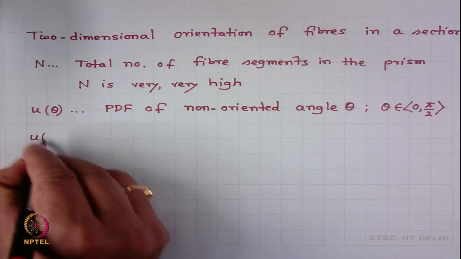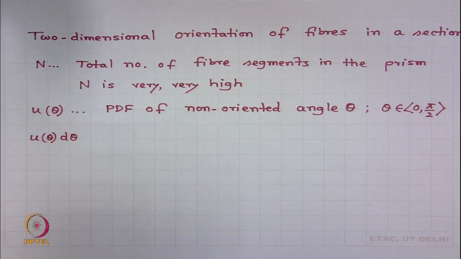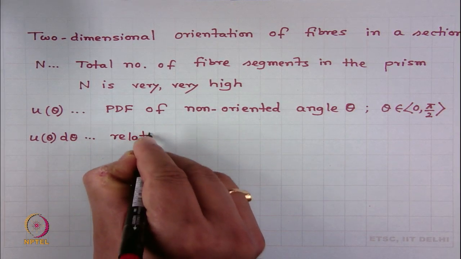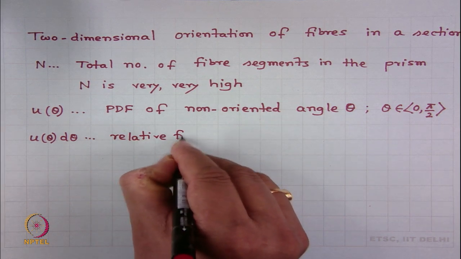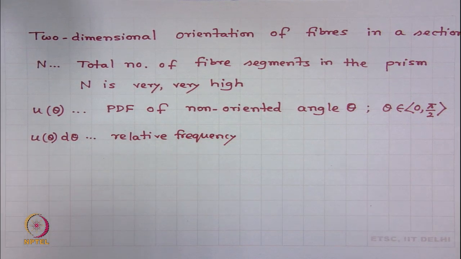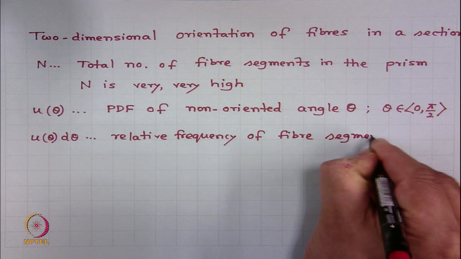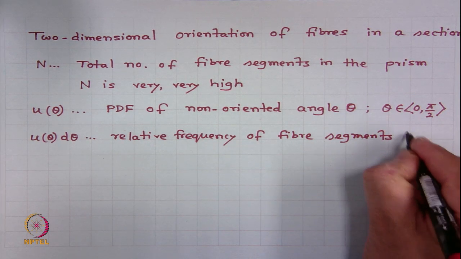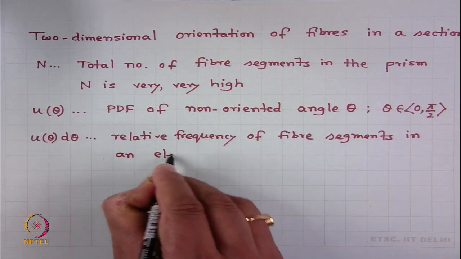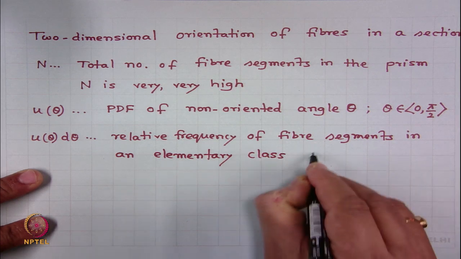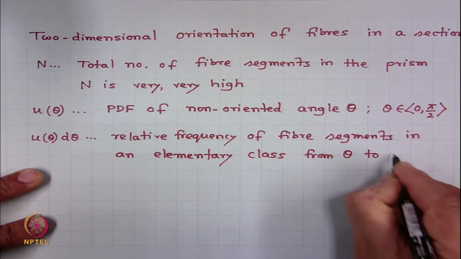So, what is u theta d theta? If u theta is the probability density function, then u theta d theta is the relative frequency of fiber segments in an elementary class which is ranging from theta to theta plus d theta.